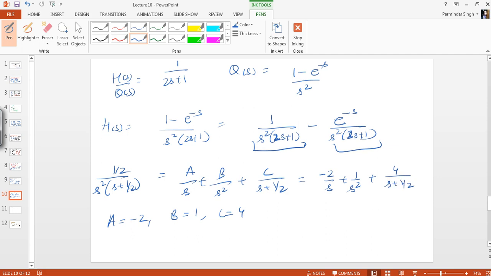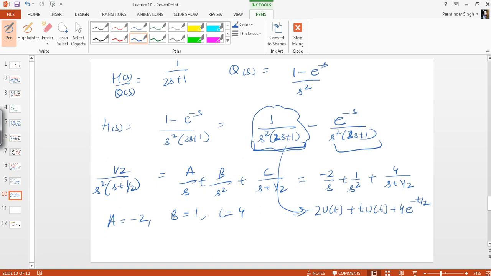Now taking the Laplace inverse, this becomes minus 2 u(t), this becomes t u(t), and this becomes 4 e to the power minus t by 2. Clear?